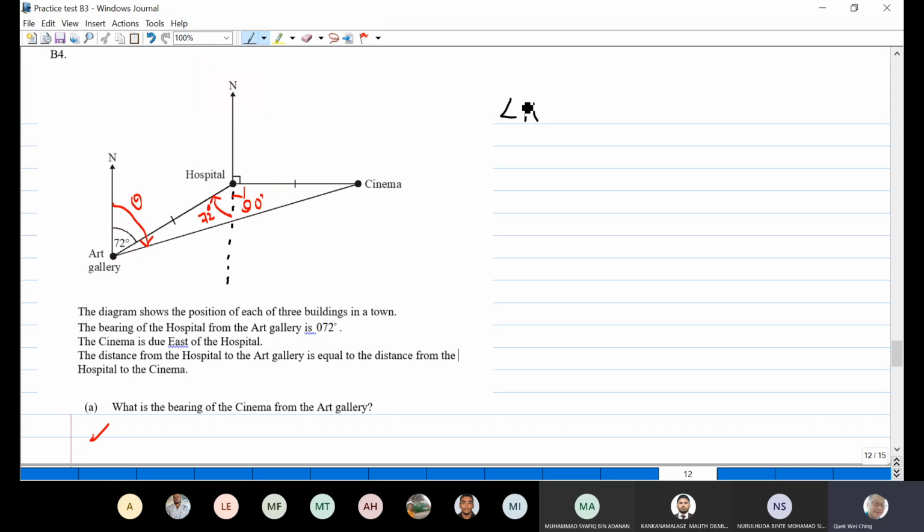Angle H is 72 plus 90, you get 162, right?